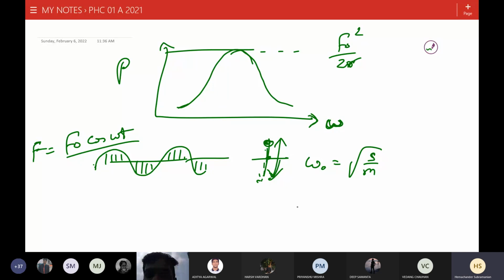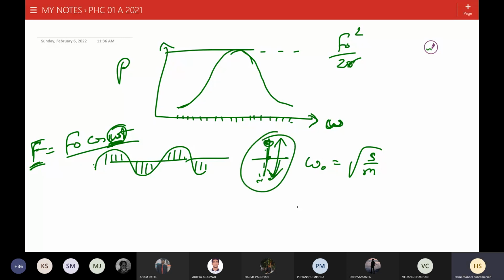If you keep changing the omega from low values to high values, the power supplied by this external force, by this electromagnetic wave, to the electron changes. It will be maximal when the omega, the oscillation frequency of the electromagnetic wave, matches the natural frequency of the electron.